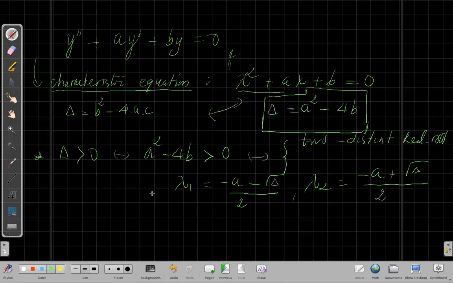We can then apply y1 equal to e lambda 1 x and y2 equal to exponential of lambda 2 x.